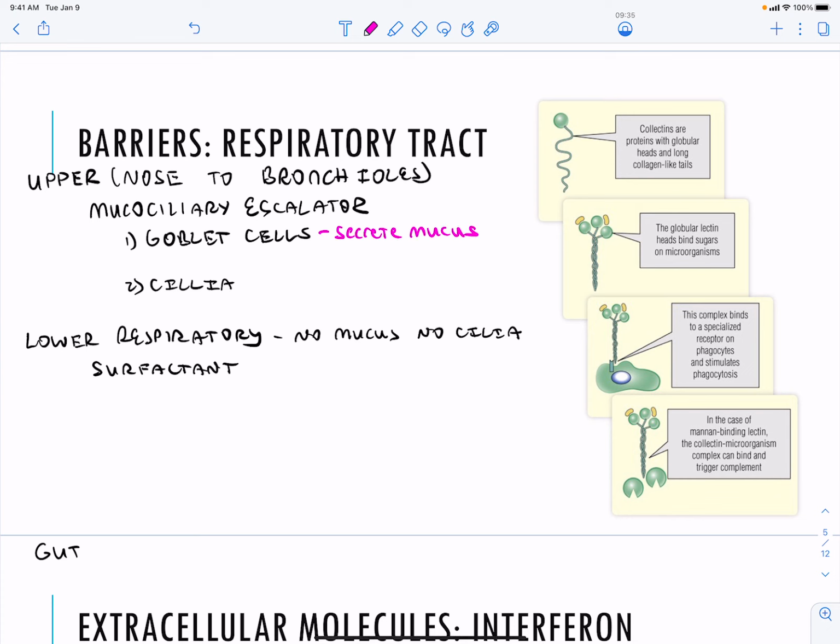And then your mucus is going to interact with the cilia that are on your epithelial cells, and the cilia and the mucus are going to help push the organisms out via sneezing and coughing.